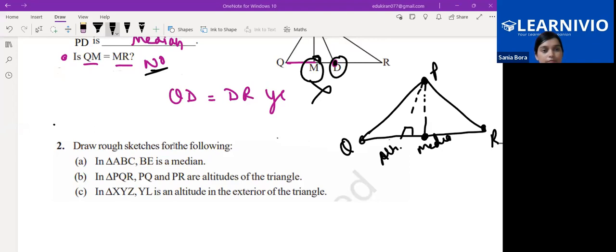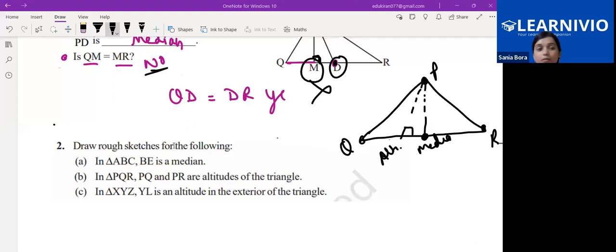Ma'am, could you explain what to do? Ma'am, I did it, but I didn't understand the third one. Okay, no problem, I'll do it. Ma'am, is this the second exercise from all the notes?